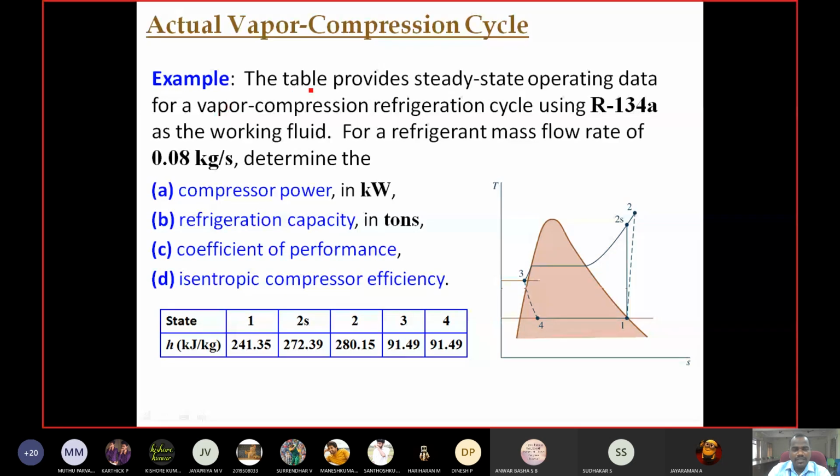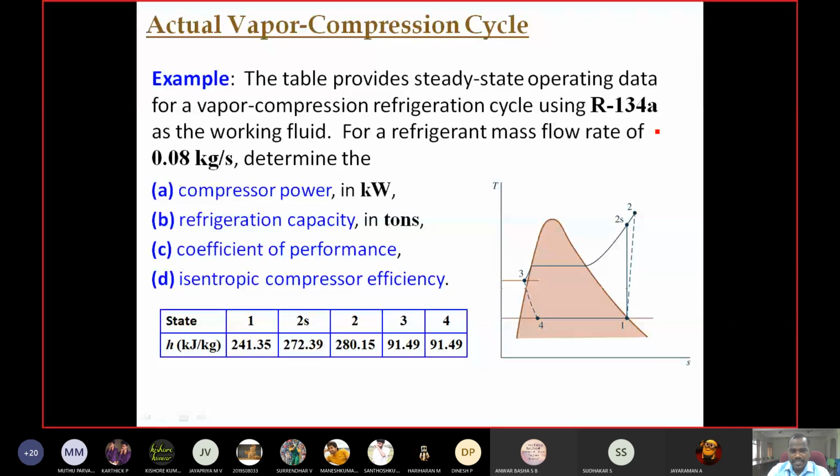Let us try to solve this example. The table provides steady state operating data for a vapor compression refrigeration cycle using R134a refrigerant as the working fluid. For the refrigerant, the mass flow rate is 0.08 kg per second.